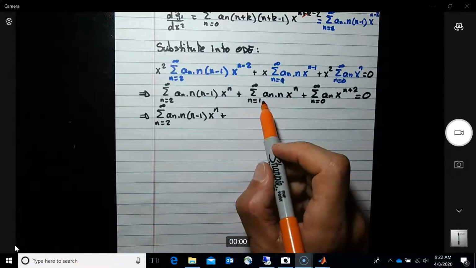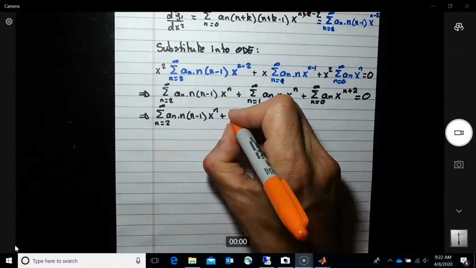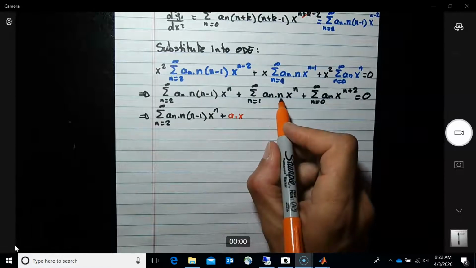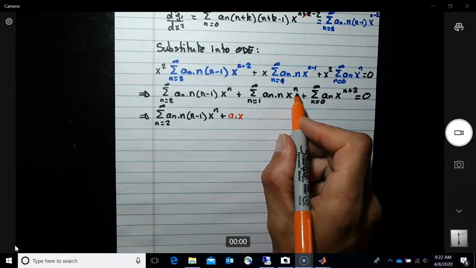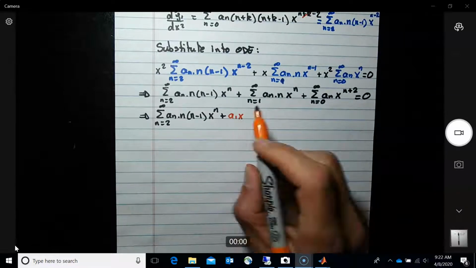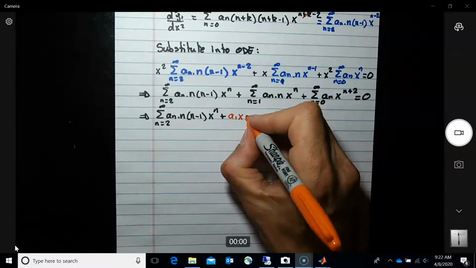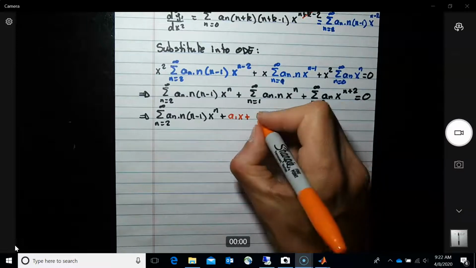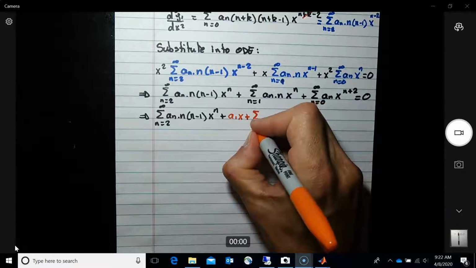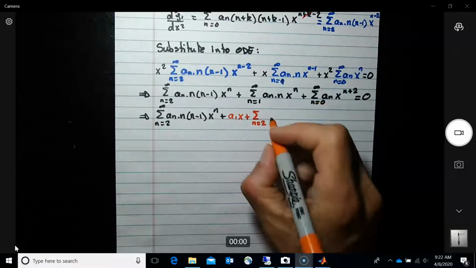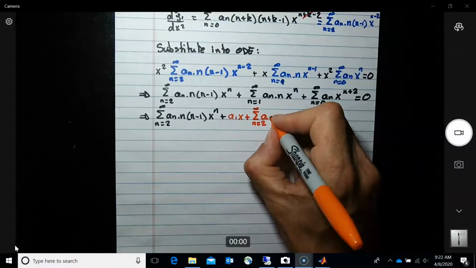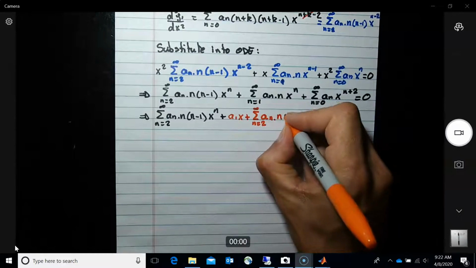So n equal to 1 will be what? a1 x times 1 times x to the 1. Okay, so it will just be a1 x. And now we put here plus, this will be the same thing here, summation from n equal to 2 to infinity, a sub n times n x to the n.